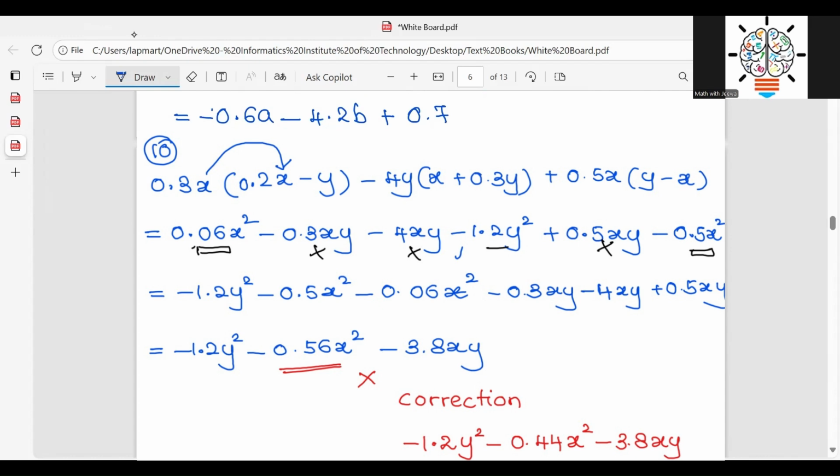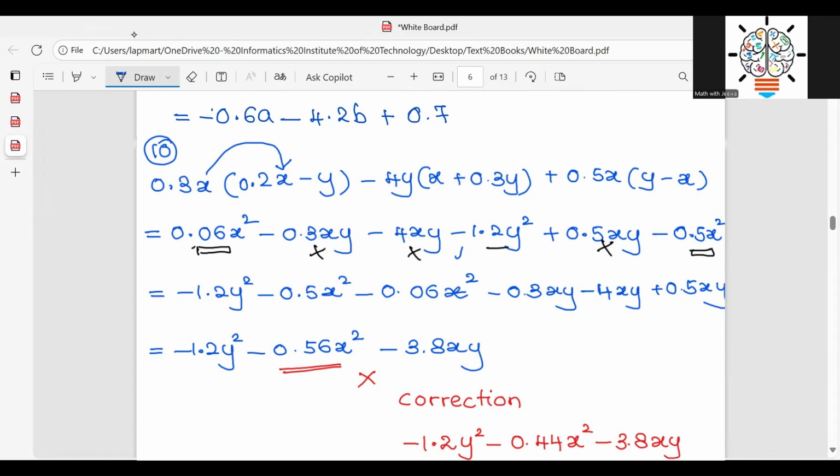It becomes 0.06x minus 0.3xy minus 4xy minus 1.2y squared plus 0.5xy minus 0.5x squared. Now see what I am doing. I write negative 1.2y squared, negative 0.5x squared because I can't find any other like terms for them.